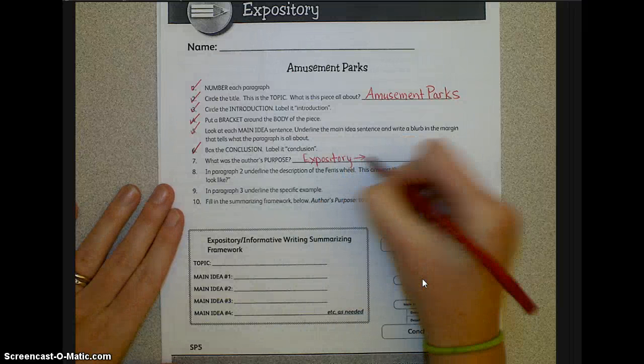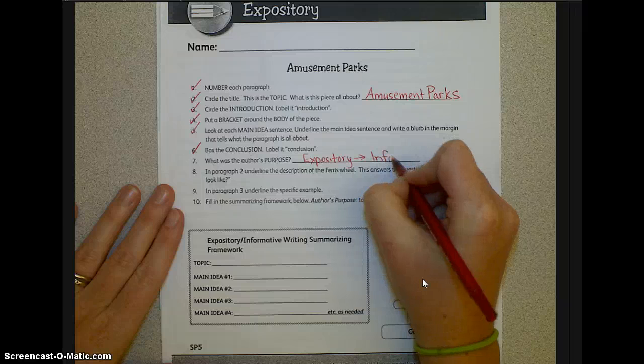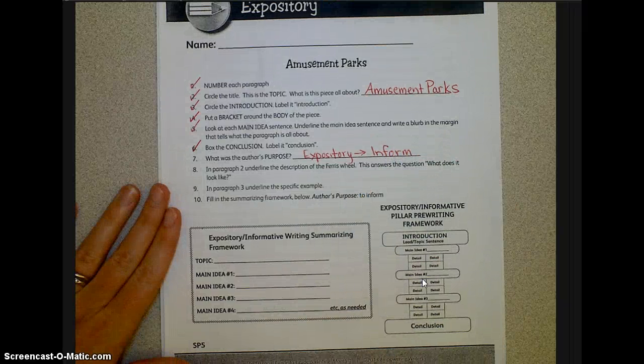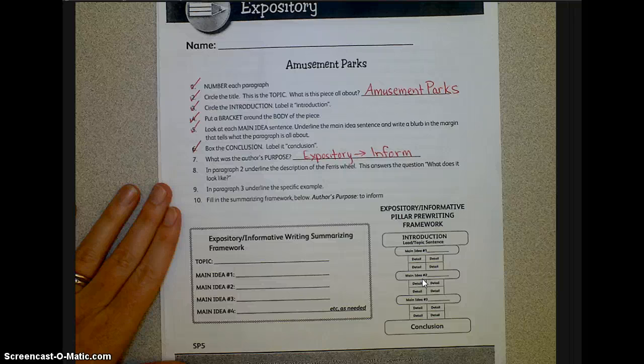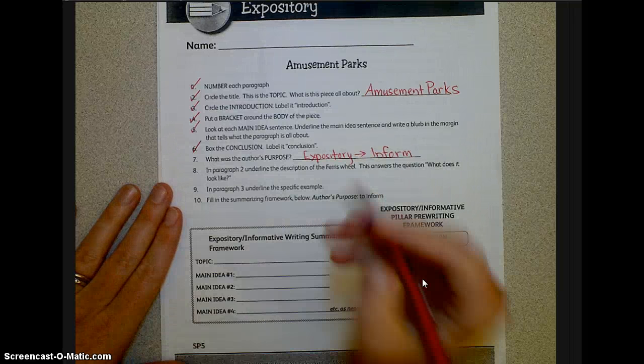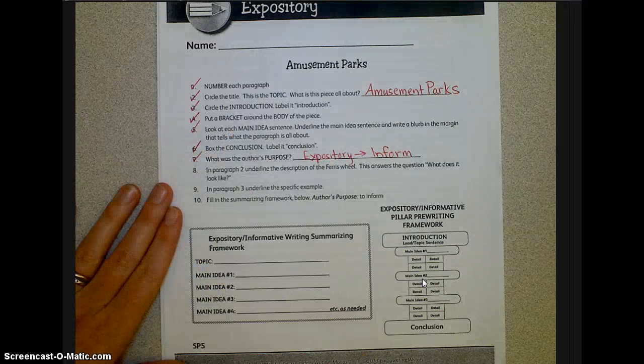The purpose of that is to inform. So I'm learning all about my topic, which is amusement parks. So we wrote inform. Check off number 7. Okay. 3 more to go.